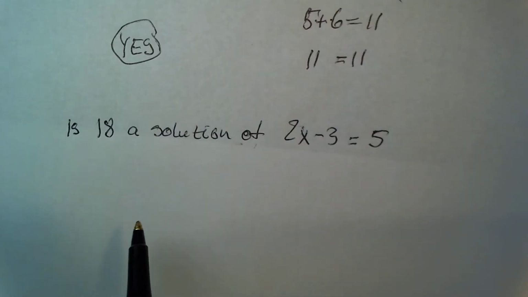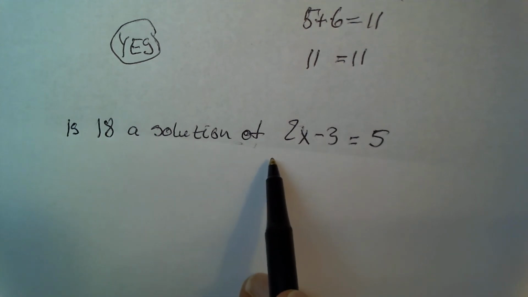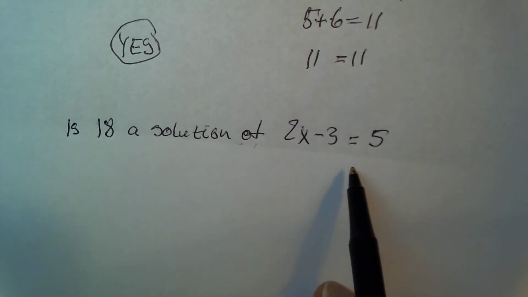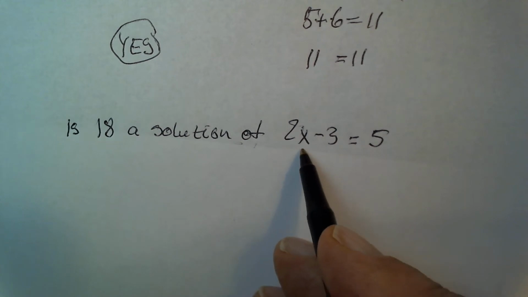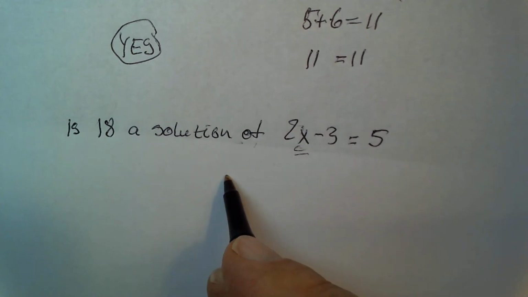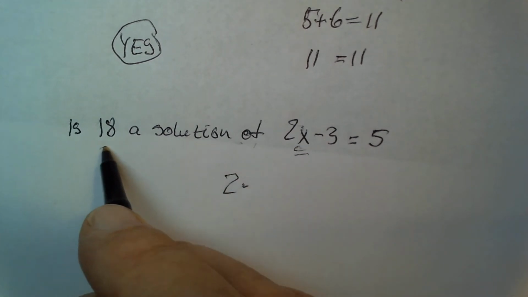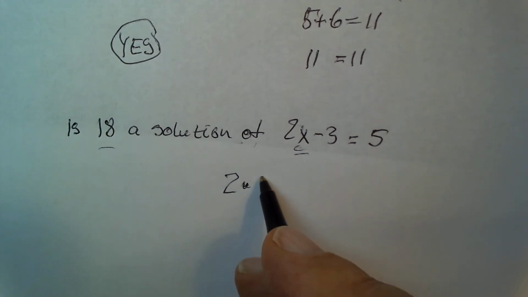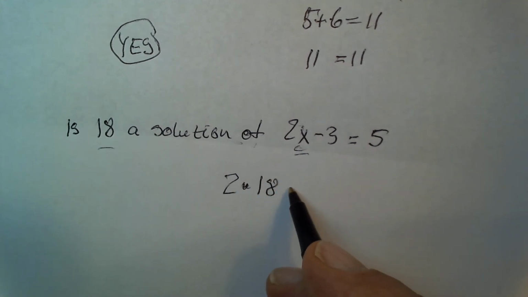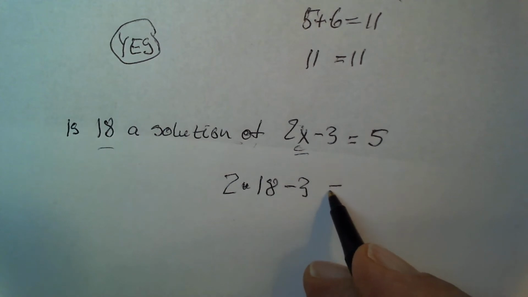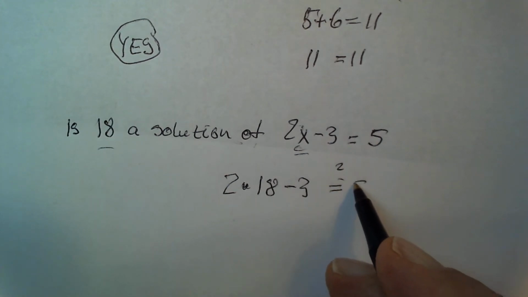So here's another problem. Is 18 a solution of 2x minus 3 equals 5? So again, we replace x, the variable, with the given number 18. So the question now becomes, is 2 times 18 minus 3 equal to 5? Is that a true statement?